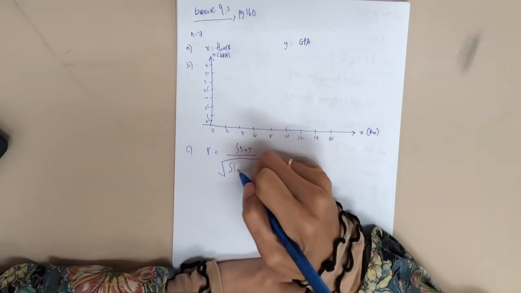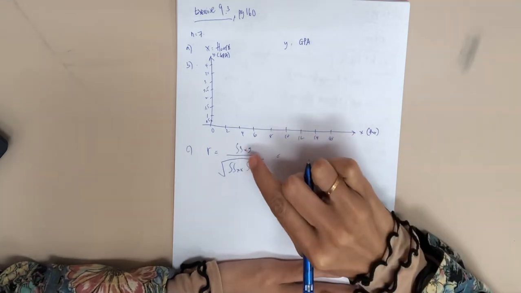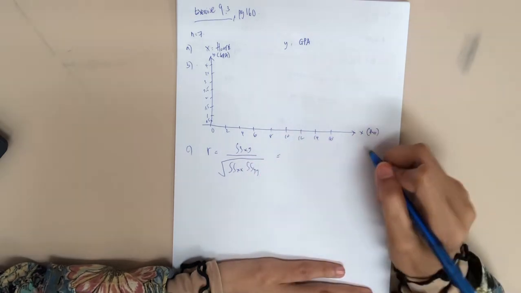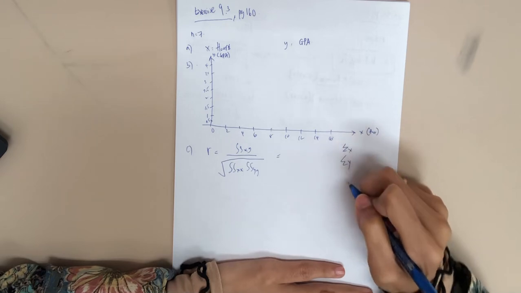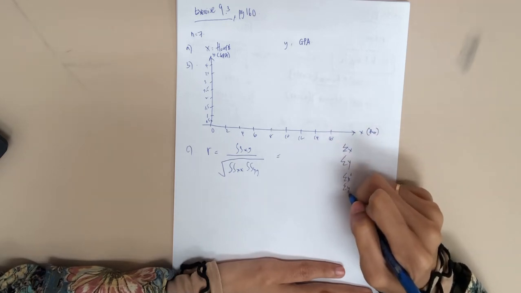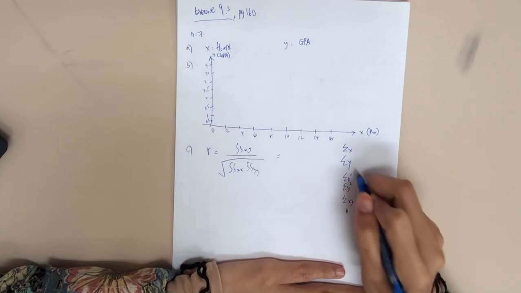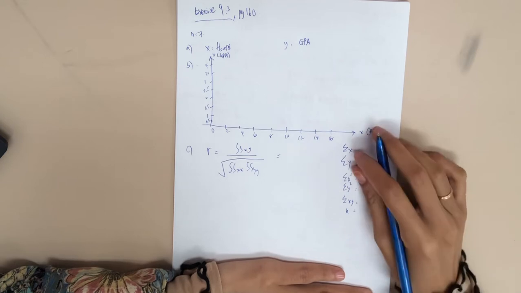So this is the equation, the formula. You need to find your SSXY, SSXX, SSYY. All these things, first thing you need to find. You need to find all these first. They have 6 items that you need to know first.